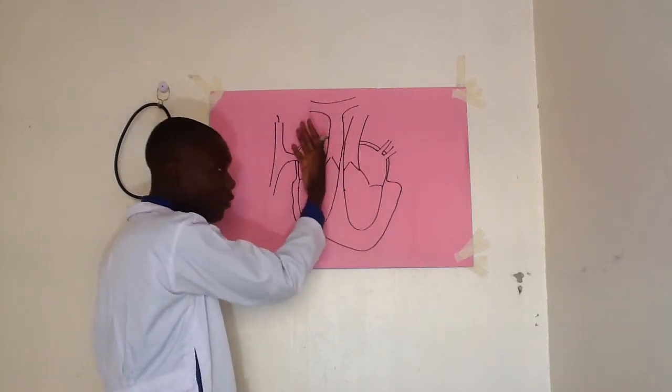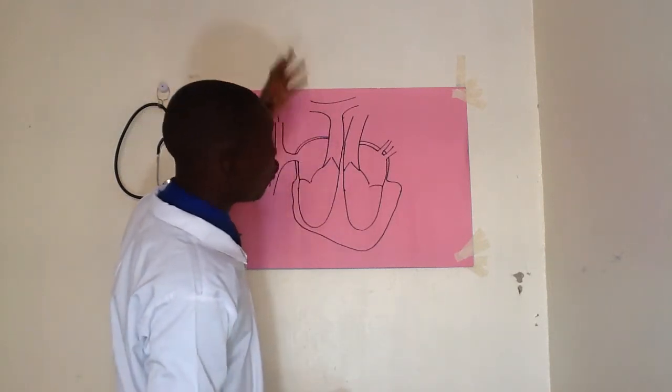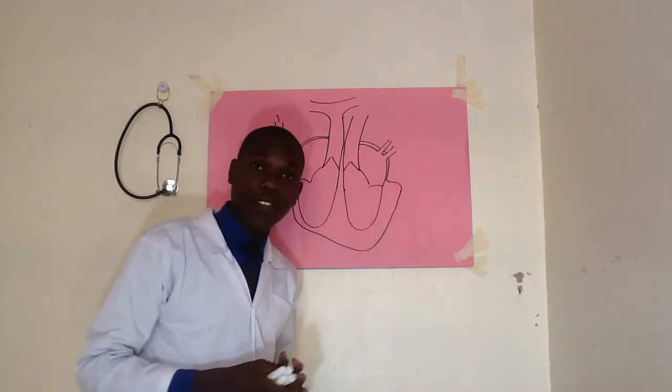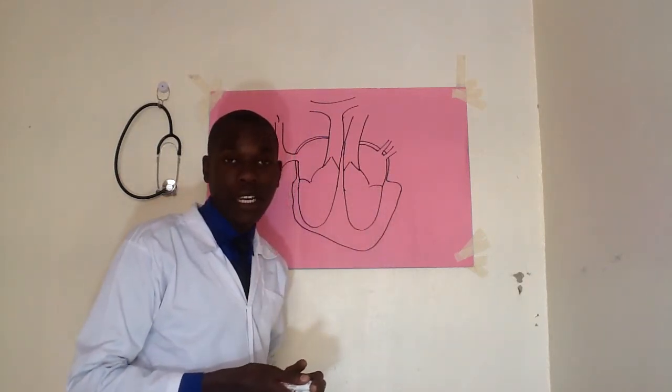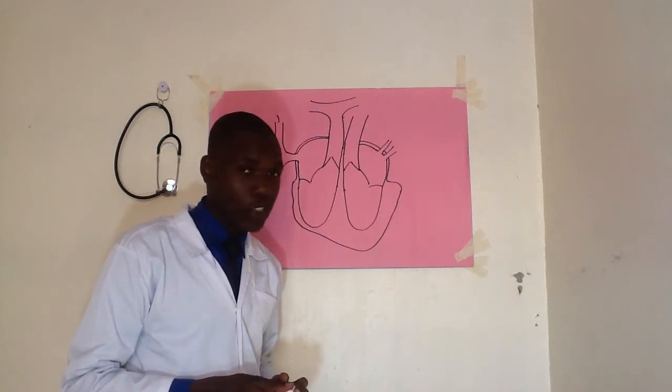So when it reaches the right side of the heart, the continuation to go to the lungs to pick oxygen and back again to the left side of the heart so that it is pumped back to the body, that stage is the one we call the pulmonary saturation.